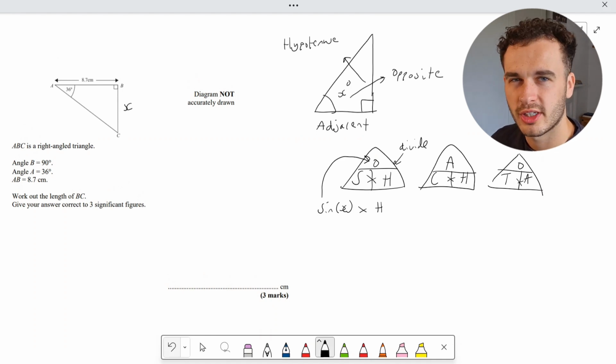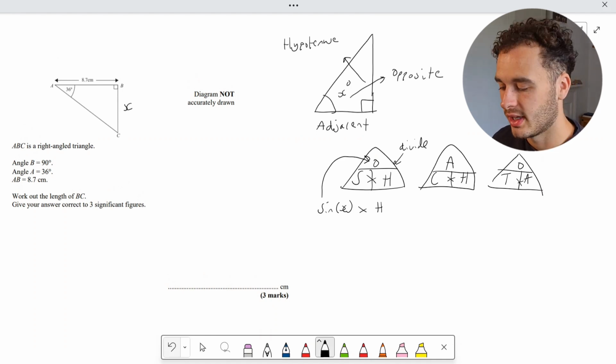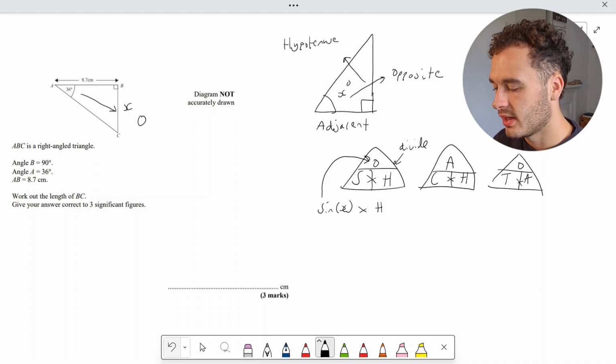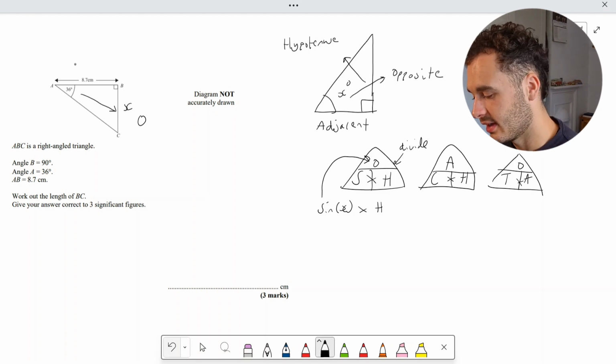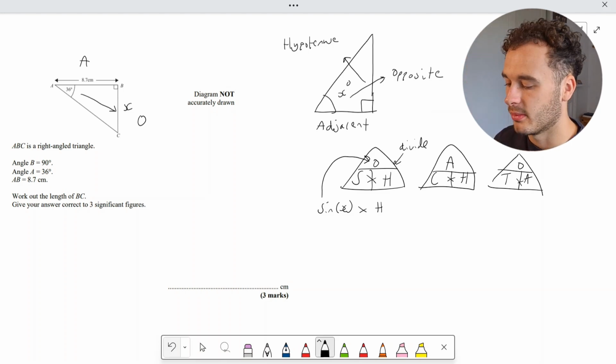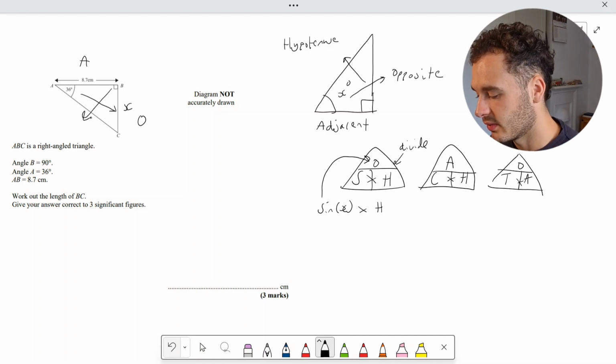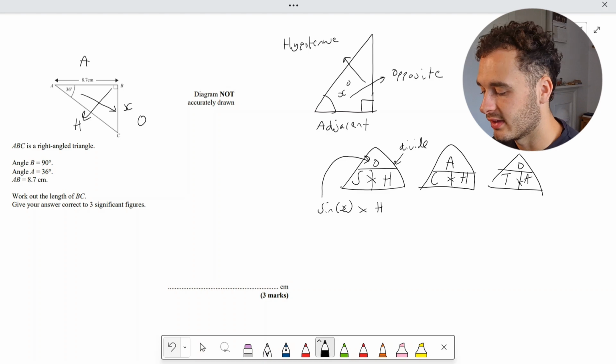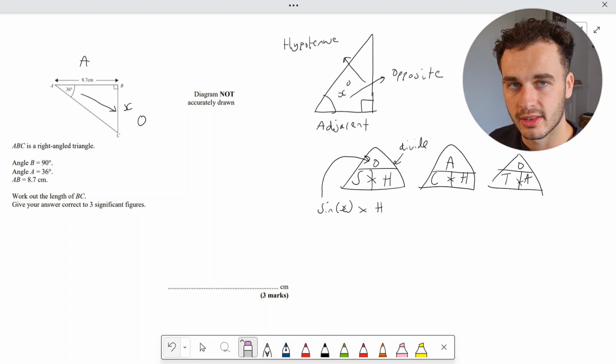If we label all three sides, this can be a bit confusing. So I'm going to label X as O, because that stands for the opposite, because it's opposite the angle. And the side we have left over, the 8.7, is the adjacent. So I'm going to put A up there. This side opposite the right angle is the hypotenuse, but as I just said, we're not going to label that side, because we don't need to use it in this question.